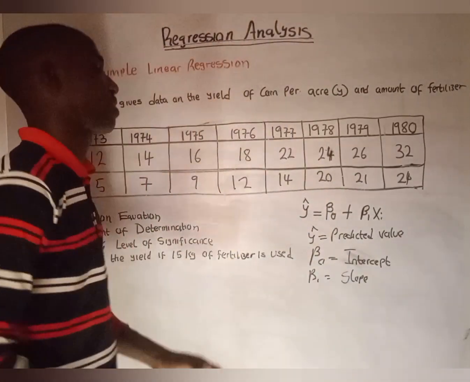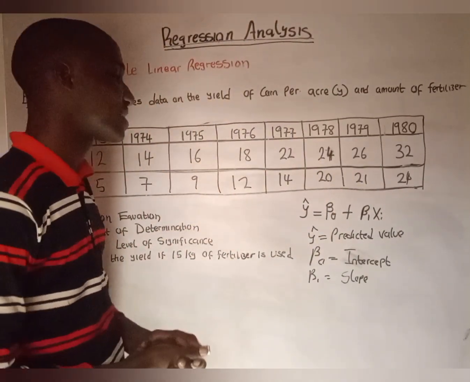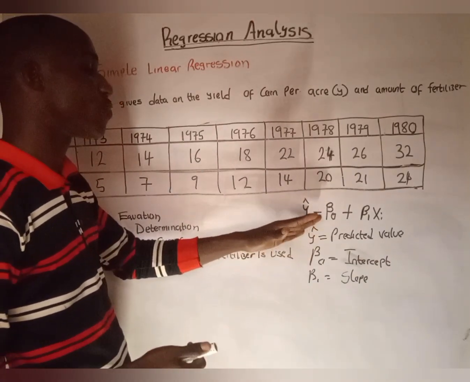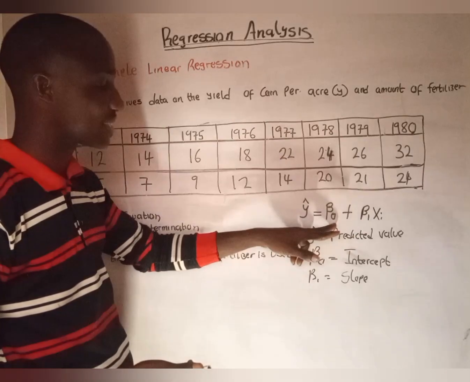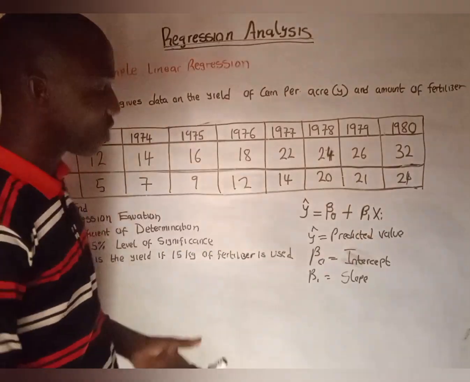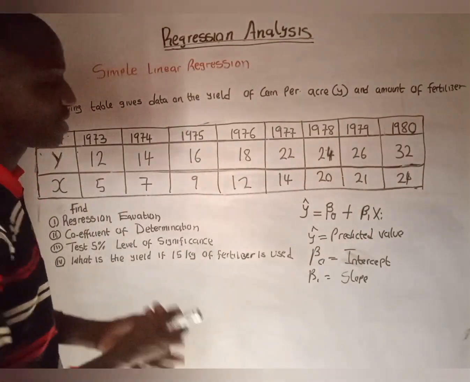Now, I told you that we cannot get the predicted value of y without knowing our intercept and gradient. How do we find our intercept and gradient?